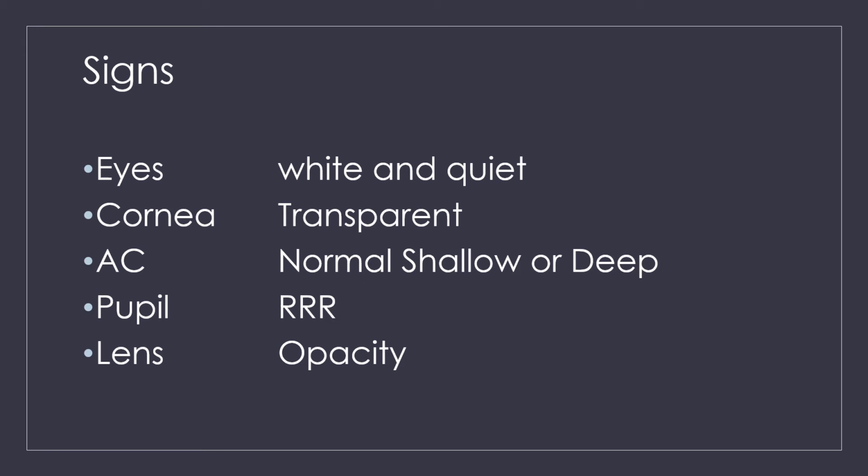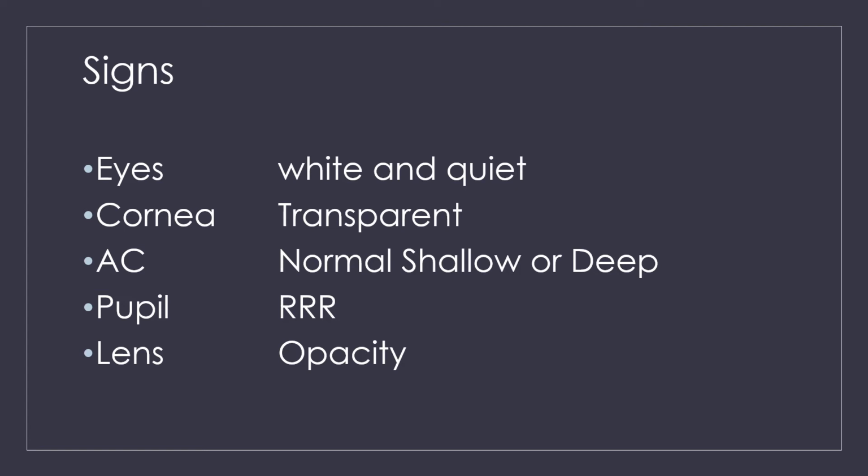Now what are the signs? What the doctor sees in the eyes? The eyes are externally normal looking. The lids, conjunctiva, sclera, cornea are all within normal limits.